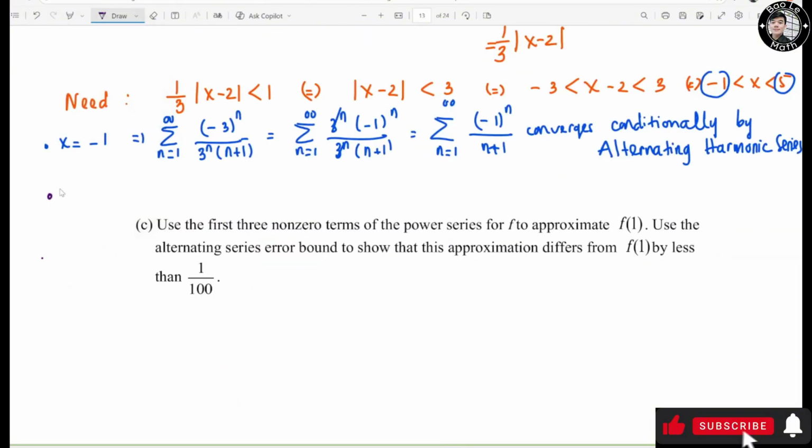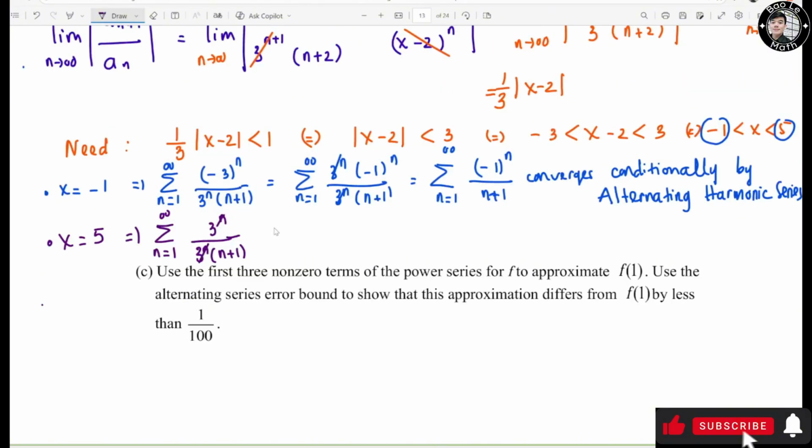Now I'm going to check s equals 5. So the series becomes n goes from 1 to infinity. Substitute 5 for s, so 5 minus 2 is 3, giving 3 raised to the n over 3 raised to the n times n plus 1. Now I'm going to simplify this guy and this guy, so I can rewrite this as the series starting from 0 to infinity, and this becomes 1 over n.